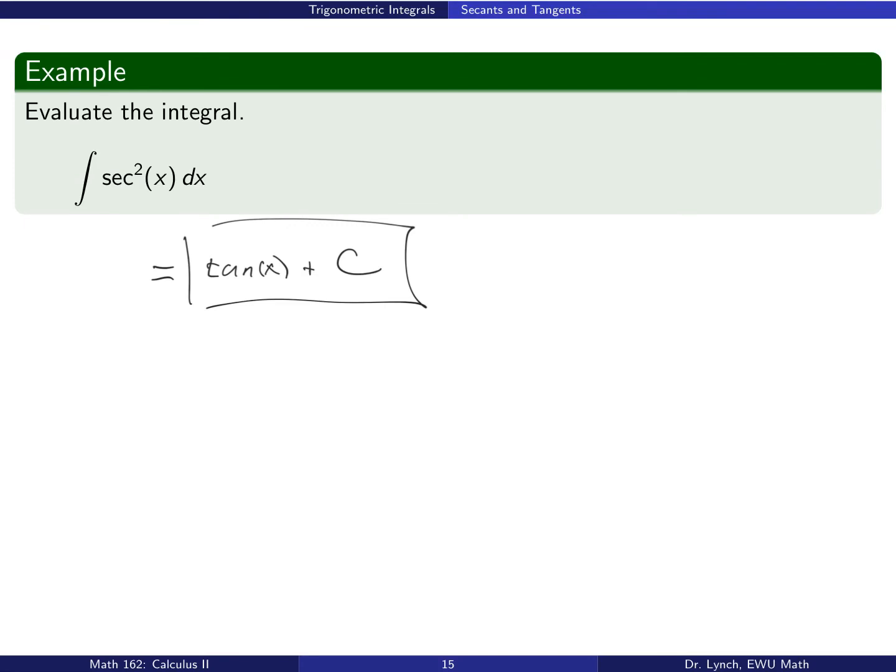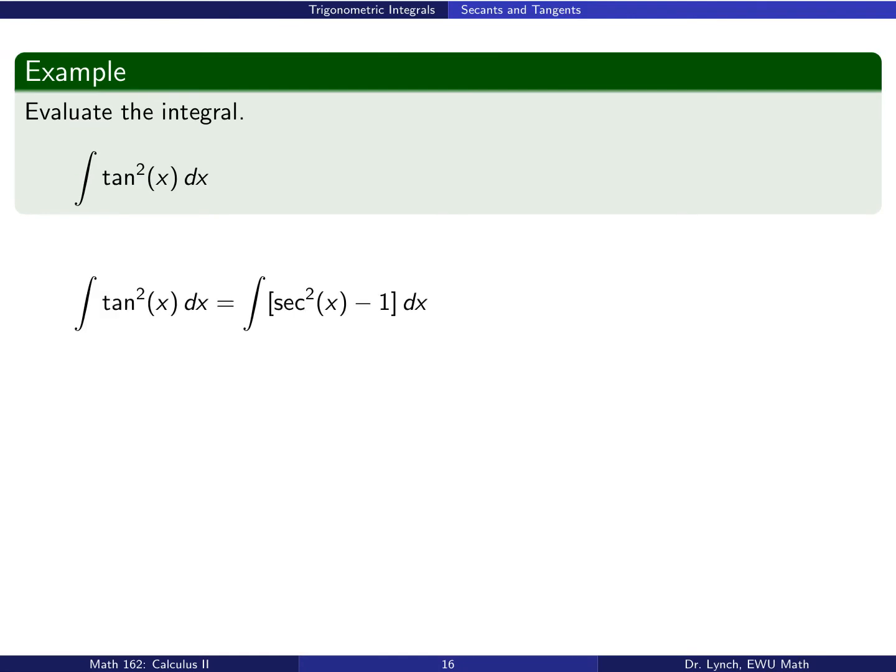Let's have a look at the indefinite integral of tangent squared. Well, we don't know any derivatives who give us tangent squared, but we do know a quick identity that relates tangent squared to secant squared. So of course that's the cousin of the mother of all trig identities.